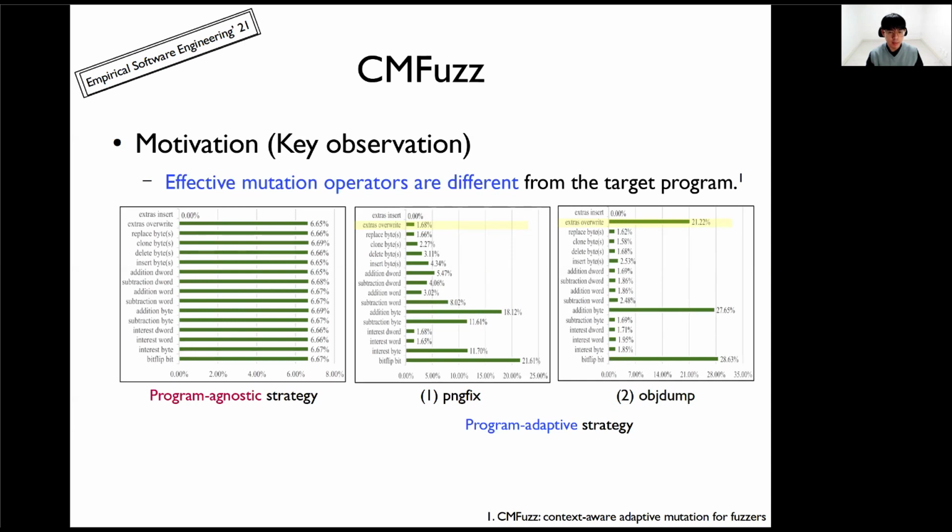But when testing another program, obj dump, the sampling probability is about 22%. That is, depending on the target programs, the sampling probability of each mutation operator will be very different.